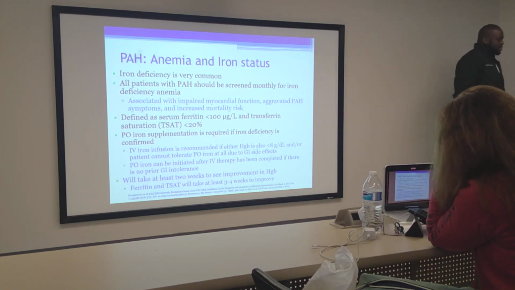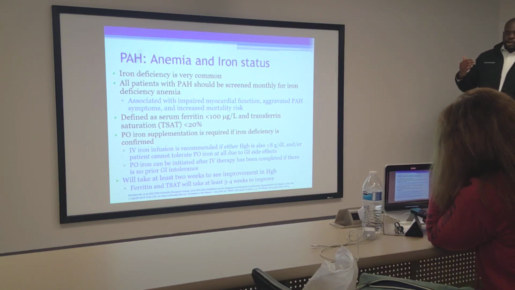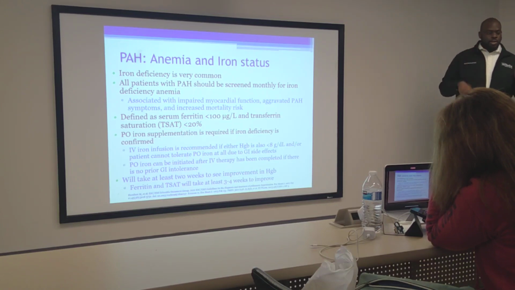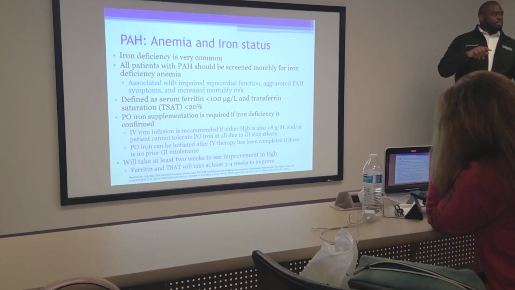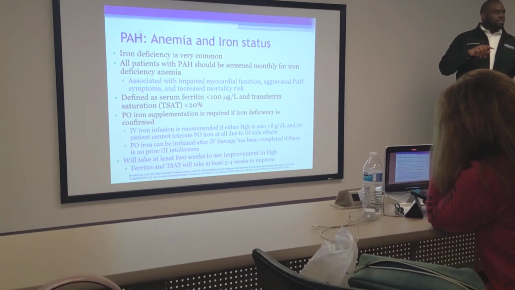So with that, know that PO iron can be initiated if IV therapy has been completed and if there's no prior GI intolerance. For example, in your anemia lecture, do you talk about how to calculate iron deficits?